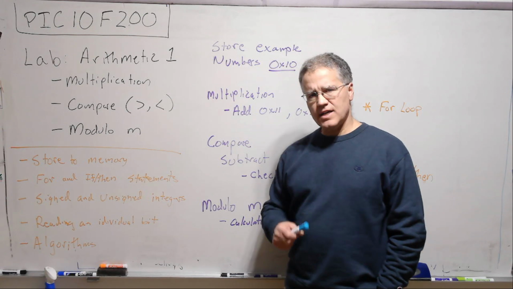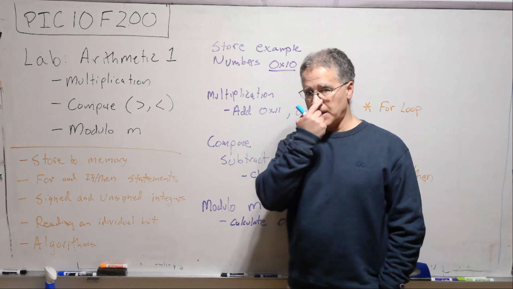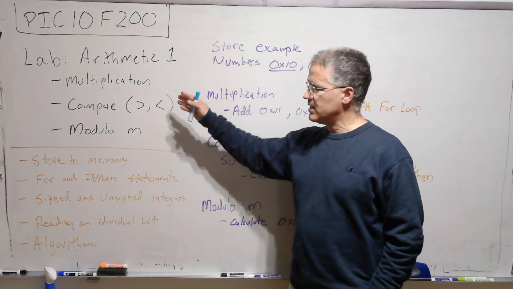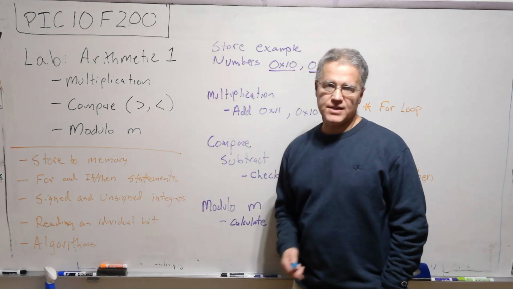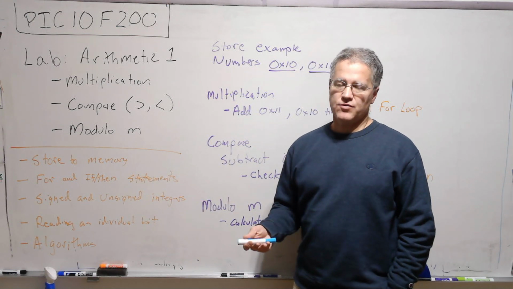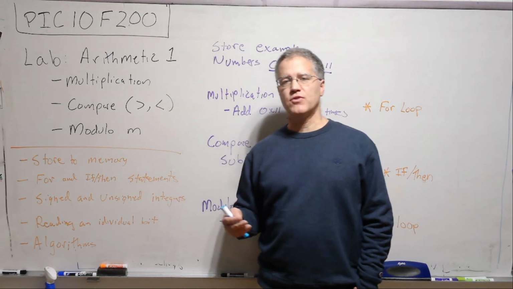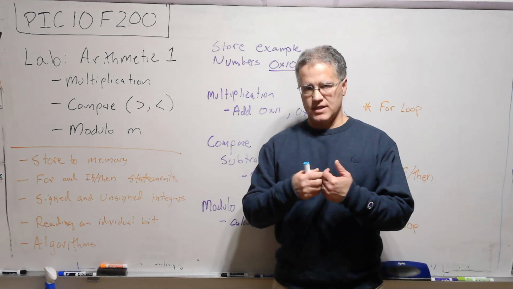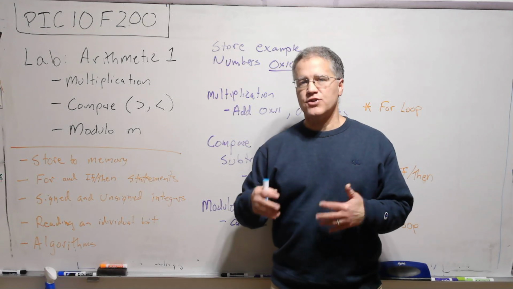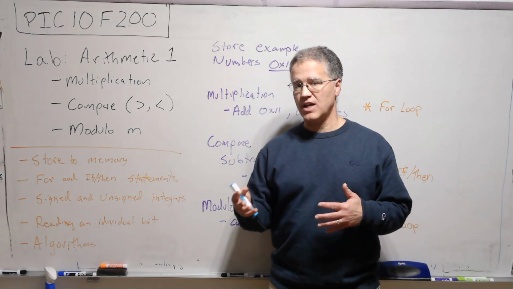We'll need to talk a little bit about interpreting the integers that are stored in the memory as signed or unsigned. So we know that the PIC10F200 operates on up to an 8-bit number, so 0 to 255 if it's unsigned.